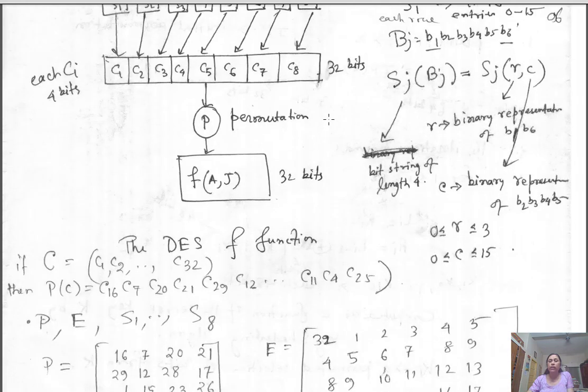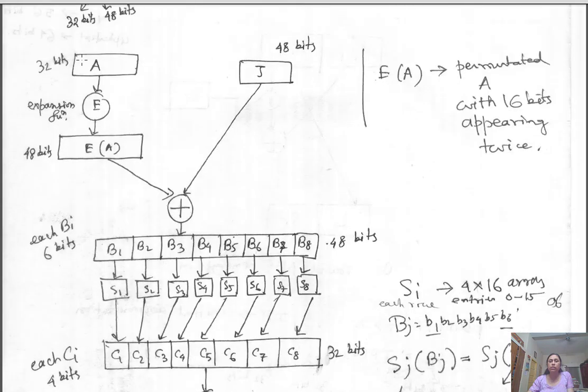So we are repeating 16 bits. The 32-bit expansion function adds 16 repeated bits, so you are getting 48 bits.